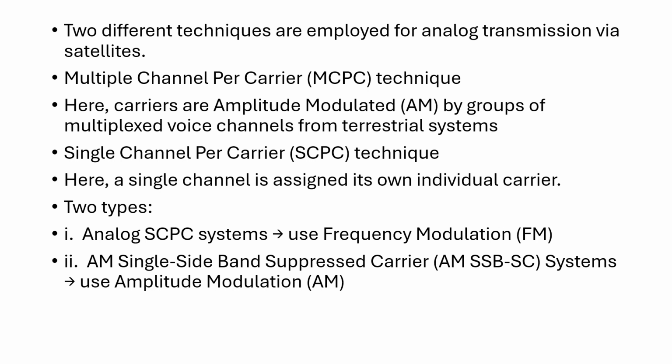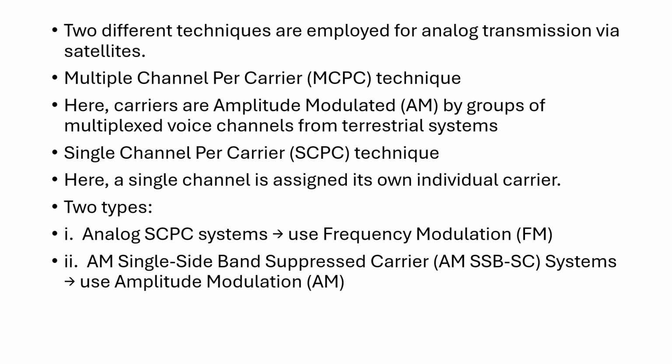One is the multiple channel per carrier technique, which is denoted as MCPC, and another one is the single channel per carrier, denoted as SCPC. In the multiple channel per carrier method, the carriers are amplitude modulated by groups of multiplexed voice channels from terrestrial systems.